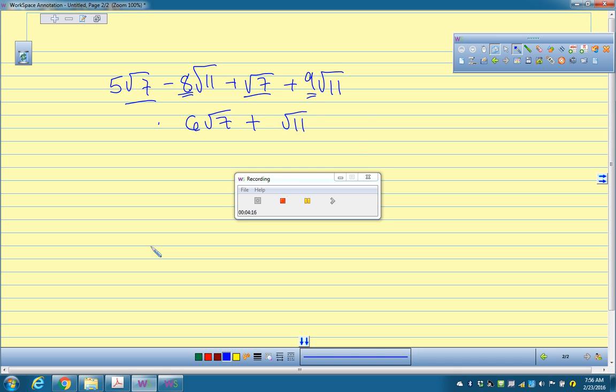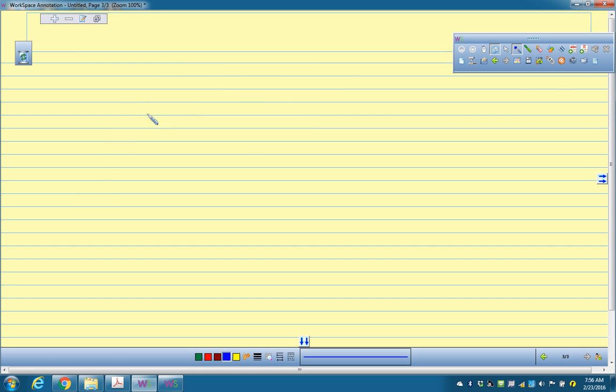If I have something that looks like this, which you will, 2 root of 5 plus 3x root of 5, okay? You still have a root of 5, and these are still like terms, but you only add together the coefficients.